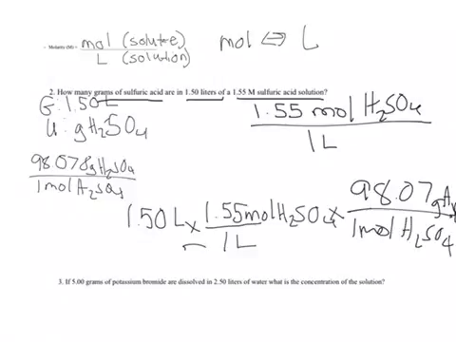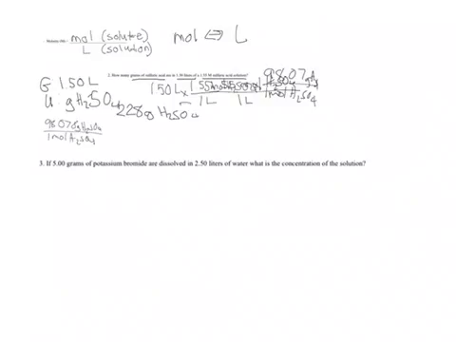All right, so the steps were, because we're starting with liters, our first conversion is with our molarity. Our second conversion is going to be with molar mass, because we're going to go from moles to grams. And when you plug that into the calculator, you should get 228 grams of H2SO4.